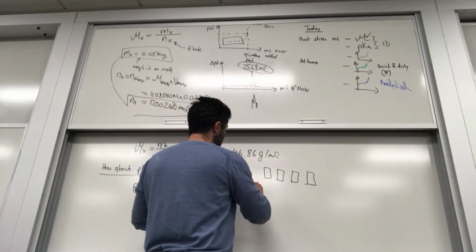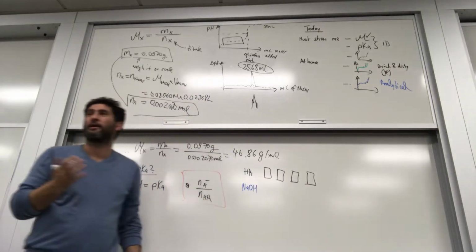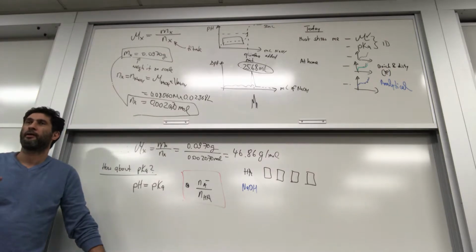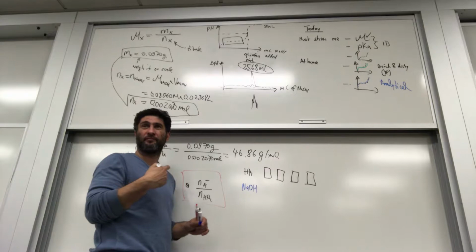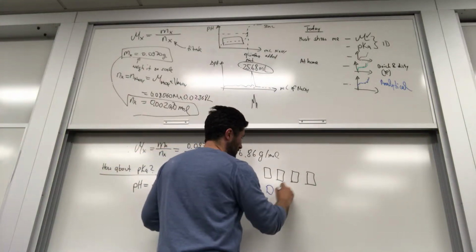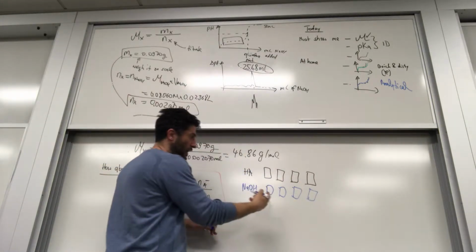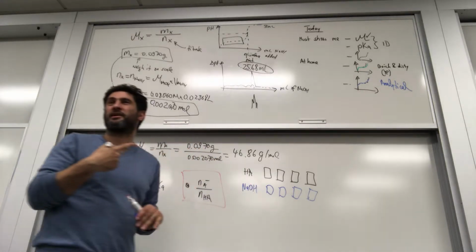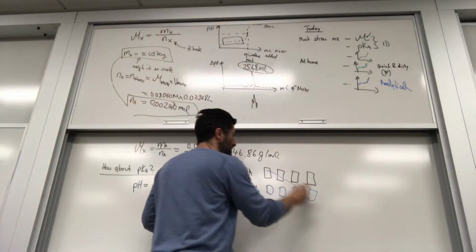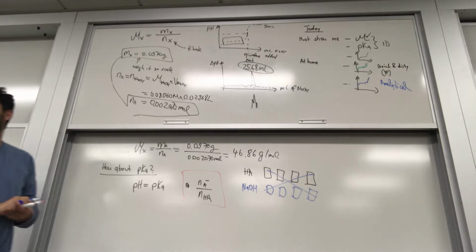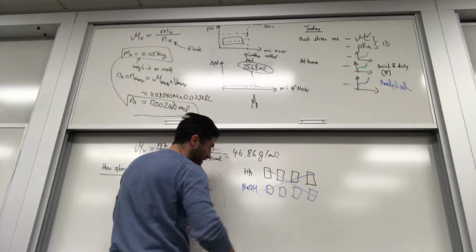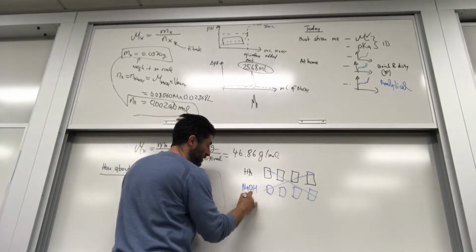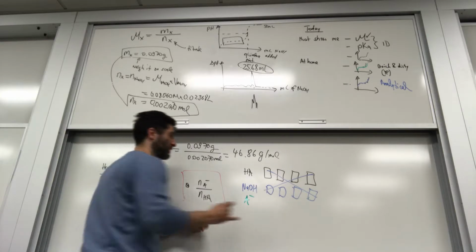That is NaOH. Now, at equivalence point, how many NaOH do I need? 4. And if I have 4 NaOH, how many HAs are left? 0. How much A minus did I form at equivalence point? 4.